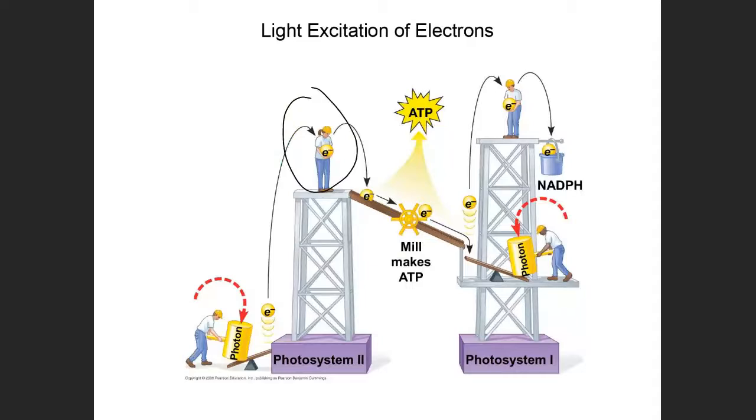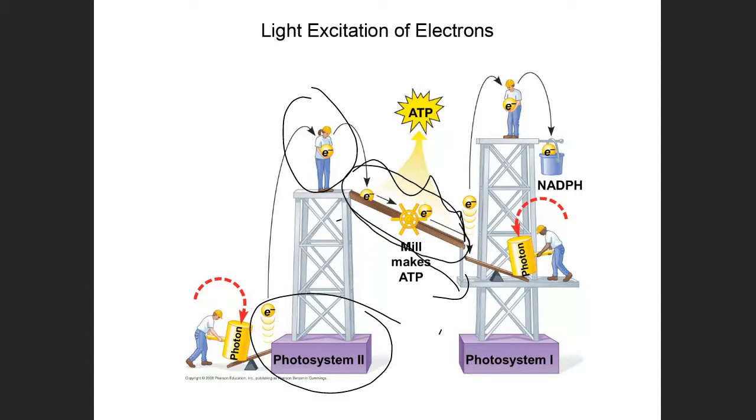They get excited. You have to get rid of this electron, so they have to give it to another photosystem that is more electronegative than this one, and they are not going to give it directly. It has to go through a very short electron transport system over here, and end up in photosystem 1.